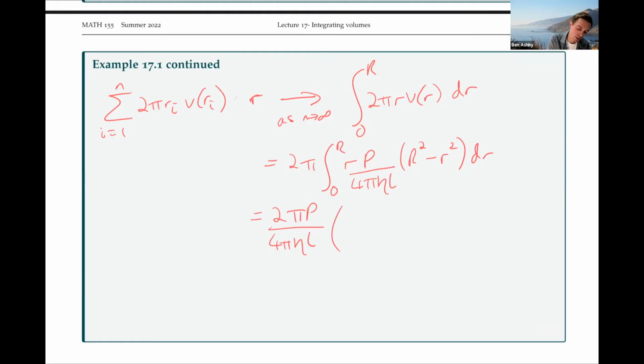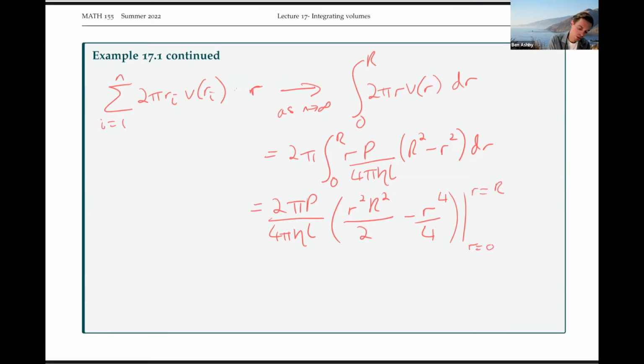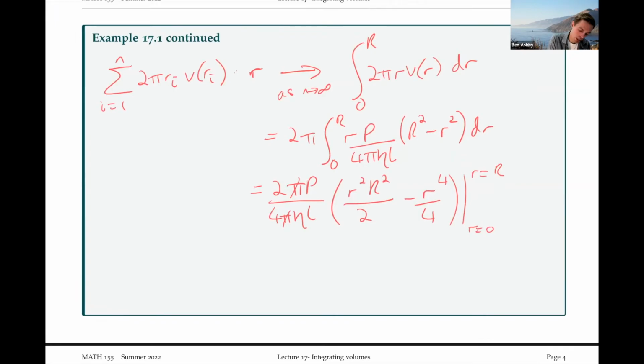We're going to have little r squared times big R squared over 2 minus r to the 4 over 4. That's because, recall, we've got this little r here, so that multiplies each of the terms in the bracket. We're going to evaluate this at r equal to 0 and r equal to big R. So these pi's cancel here, the 2 cancels there as well.